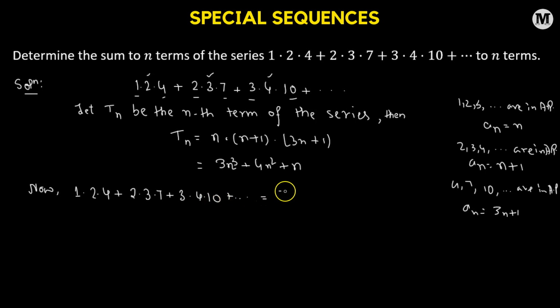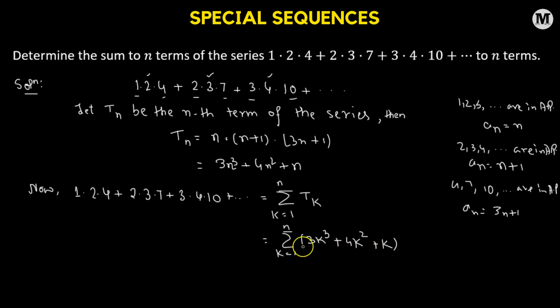This can be written in compact form as taking the summation of the nth term, but we are going to replace the index n with the index k. So here k is going to run from 1 to n. Now we use the value for tk. So tk is simply 3k cubed plus 4k squared plus k.